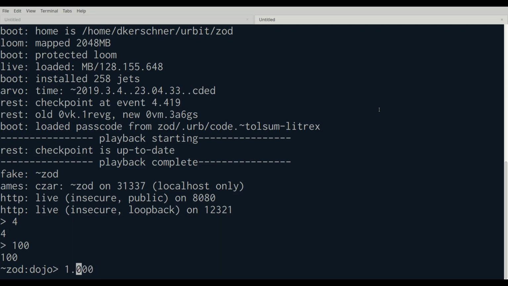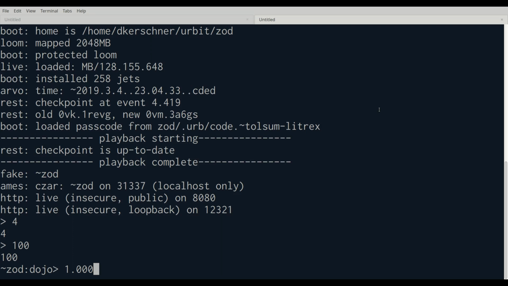Now, you can look at this point here, if you're more familiar with American standard notation, as a comma. A lot of programming languages don't actually use this sort of notation, but Hoon does, and it strictly enforces it.